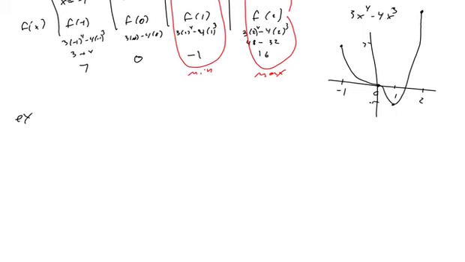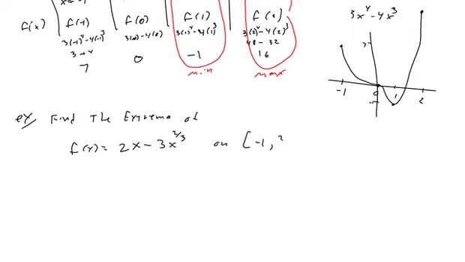Example: find the extrema of f of x is equal to 2x minus 3x to the 2/3 power on the interval -1 to 3.